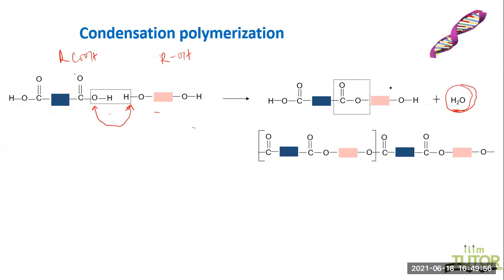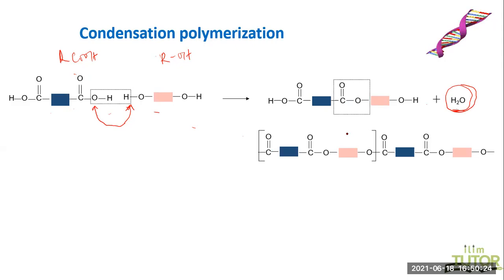And here, the bond that is formed, C double bond O. This O is from the alcohol, while the C double bond O is from the carboxylic acid that we have. And if I have two molecules of it, the one in bracket is the repeating unit, and you can see this is the linkage that we have.